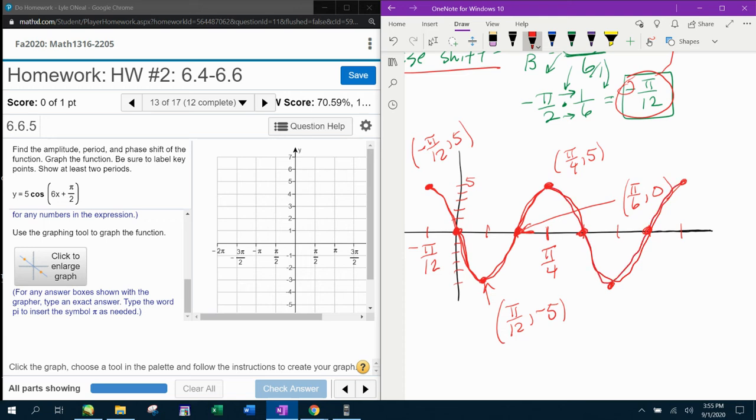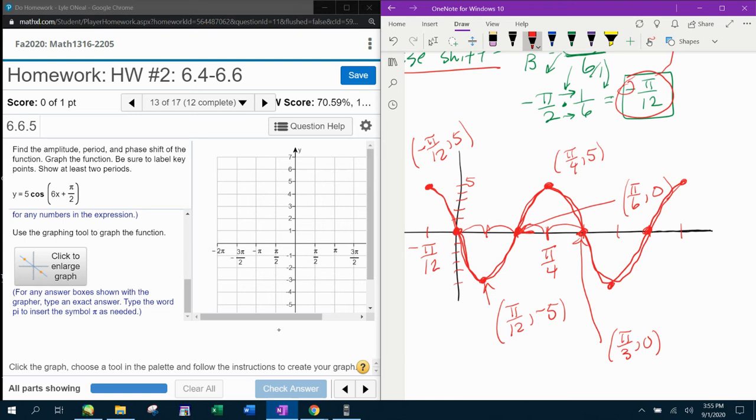And then we could continue to label these points, counting by 12ths, okay? So this point here is pi over 4, which was how many 12ths? 3/12. So then this would be 1, 2, 3, 4 twelfths. What is 4 twelfths reduced to? Pi over 3.